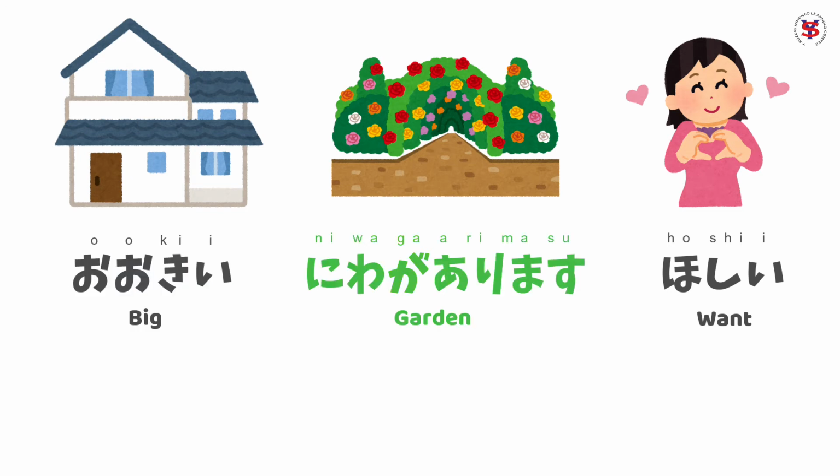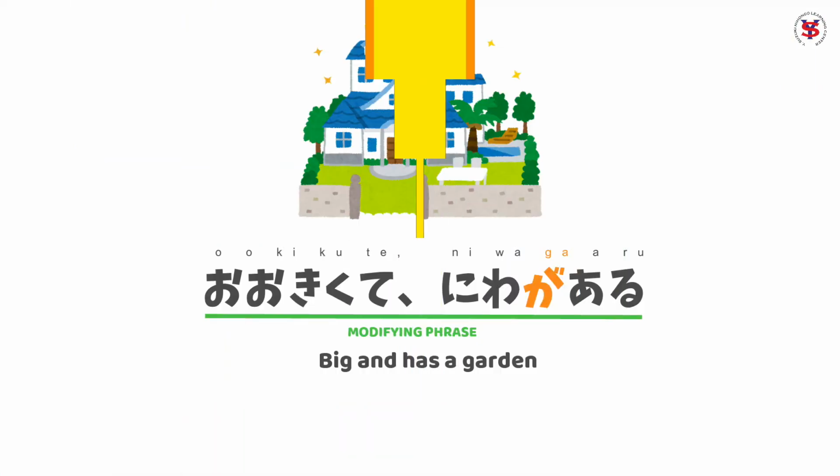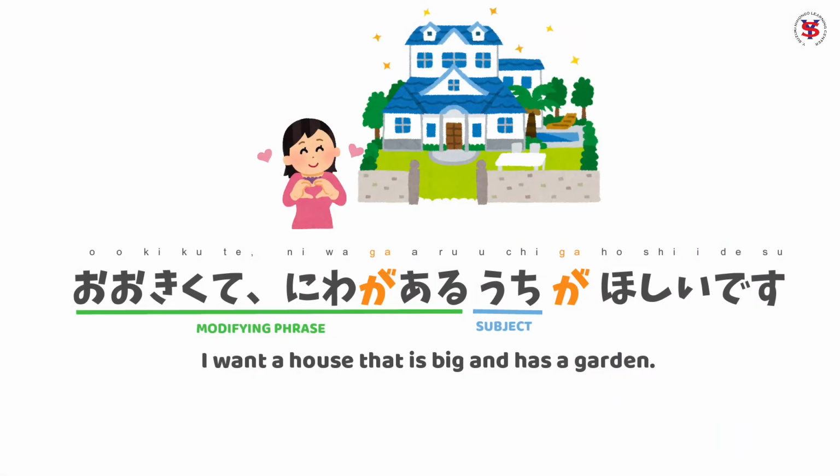My garden is niwa ga arimasu. And gusto is hoshii. Gawin muna natin plain form ang modifying phrase okikute niwa ga aru. Siyempre, susunod na ang noun na dinidescribe nito, which is uchi. So, kumplituhin na natin ang sentence. We have okikute niwa ga aru uchi ga hoshii desu.